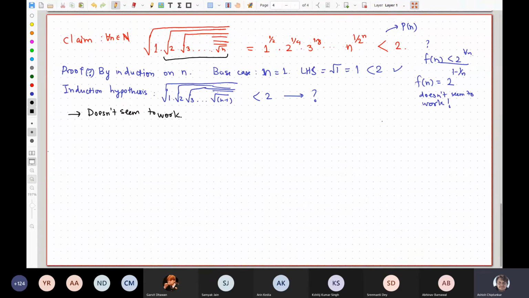What I'll try to understand is a more general expression of the form: square root of m plus 1 times square root of m plus 2 times square root of m plus 3 times and so on, up to m plus n.